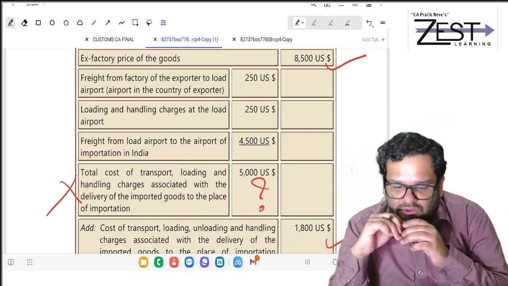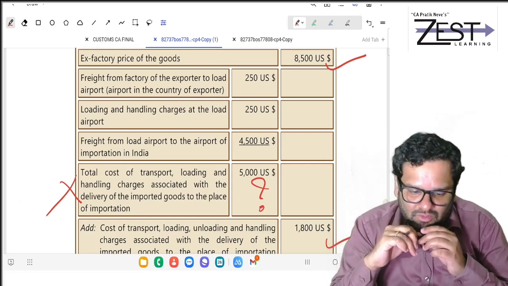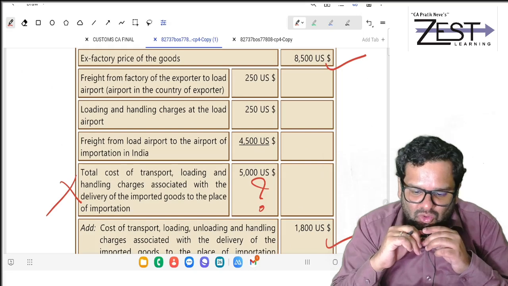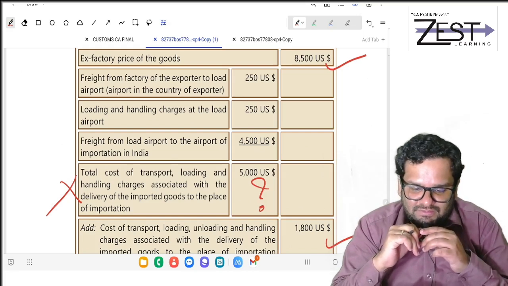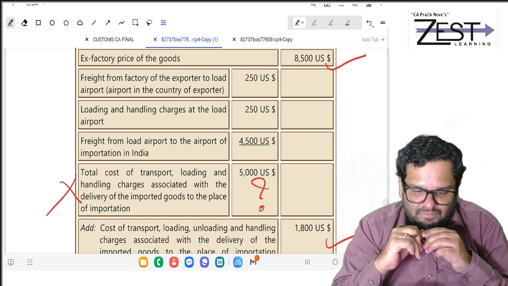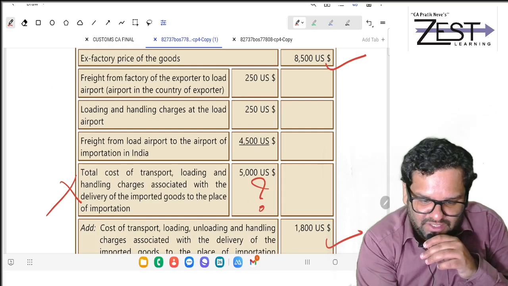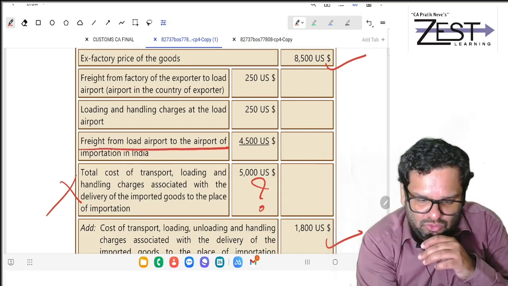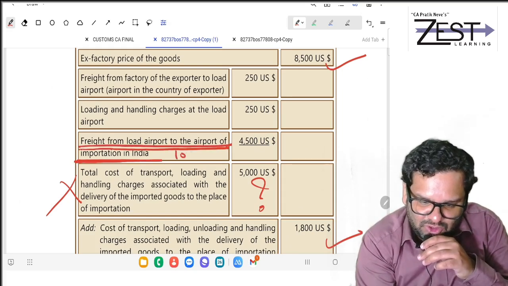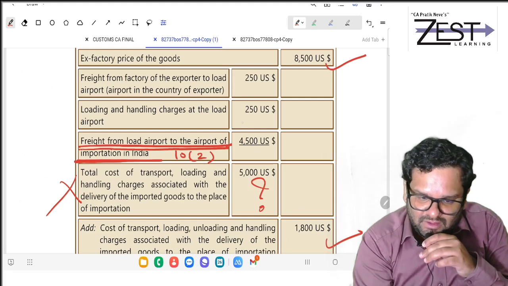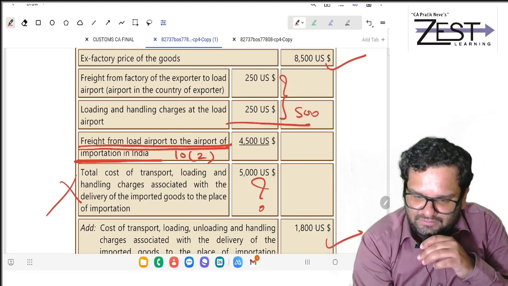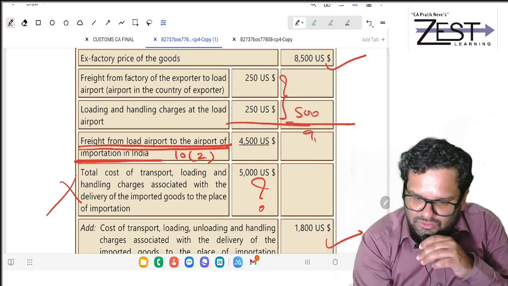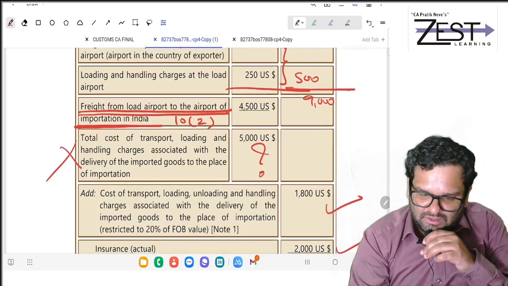Acha, that is the subtotal, you are saying. Okay. No, but again, there was no need to take that subtotal, right? Because this is freight from load airport to airport of importation in India. So actually 9,000 till this point.